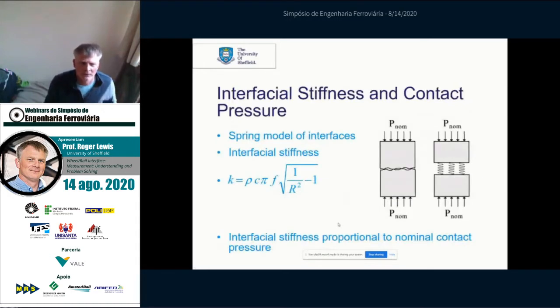The way we do that is through a spring model for interfacial stiffness. You can see the equation there. It involves the speed of sound in the material and the frequency of the transducer, and you can see the reflection coefficient R there. That's the bit we measure from our ultrasonic measurements, and then that allows us to calculate the stiffness. And it's been found that the interfacial stiffness is proportional to the nominal contact pressure, certainly over the range of contact pressures that we're interested in.